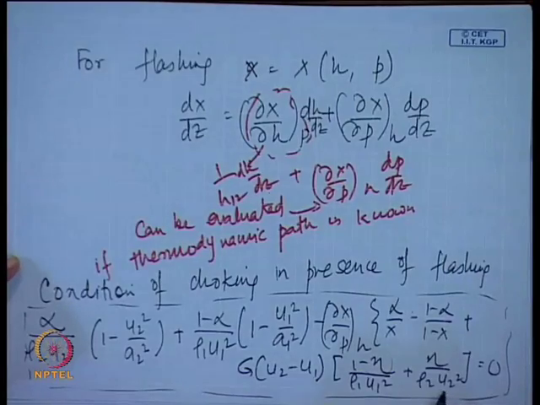Is it clear to all of you what I want from you? You just look at this particular expression, the expression which I have written down, and tell me under what conditions choking will be independent of eta for flashing conditions.